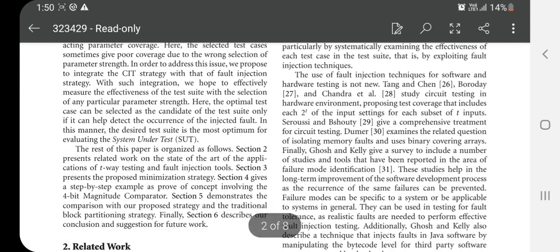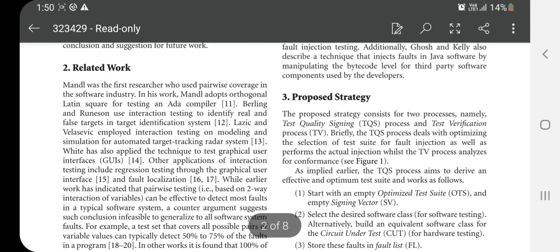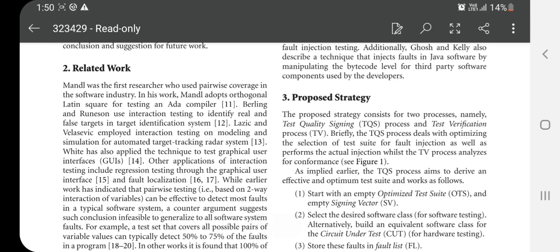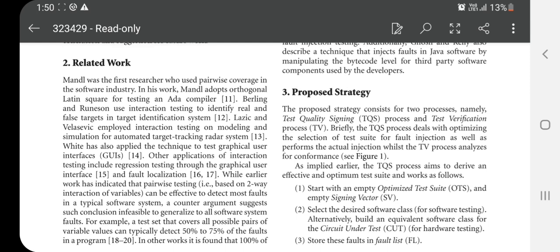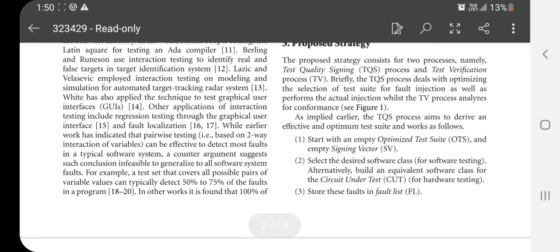Let's move on to the next topic, related work. While earlier work has indicated that pairwise testing can be effective in detecting most faults in a typical software system, a counter-argument suggests such a conclusion is infeasible to generalize to all software system faults. For example, a test set that covers all possible pairs of variable values can typically detect 50 to 75% of faults in a program.